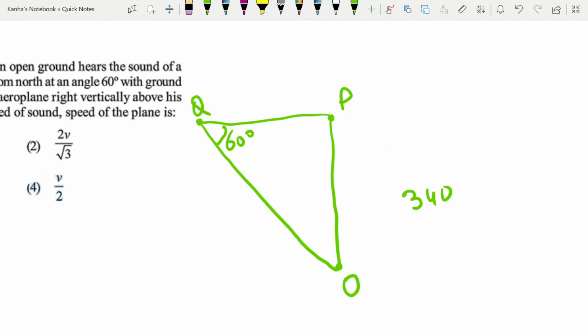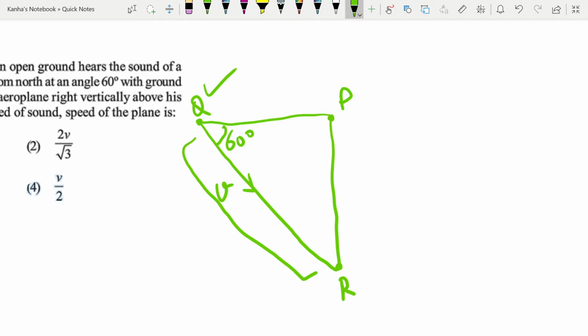So sound will take a finite amount of time to reach your point O. When the plane was at the point Q, it emitted the sound wave in your direction. Now this sound wave traveled this much distance, OQ, or let me just call this R so that PQR is easier to see.